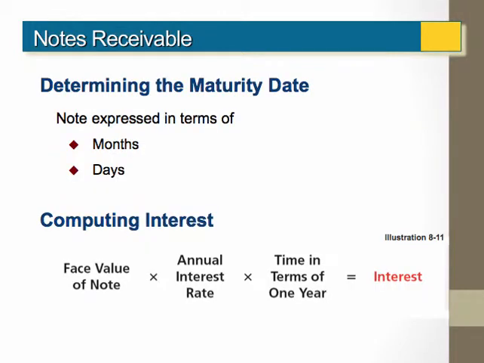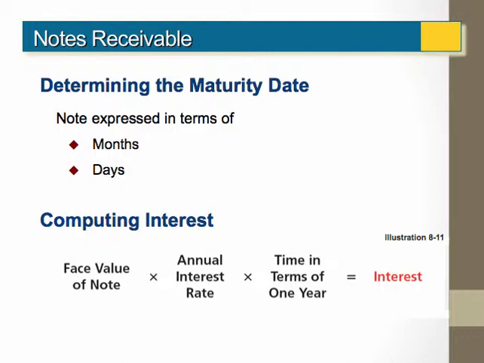So the question then here is to determine the maturity date of the note, because in many cases the note may be expressed in terms of months, or it could be expressed in the number of days. Now this will be very important because then we have to compute the interest.